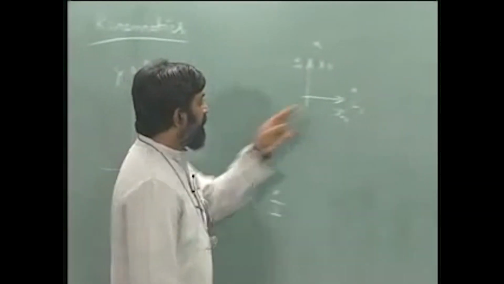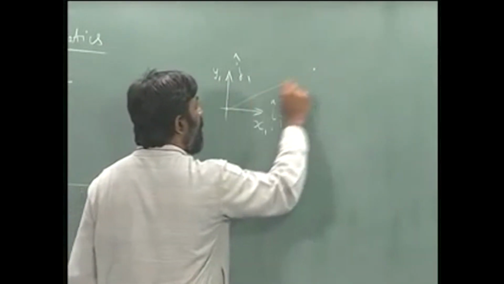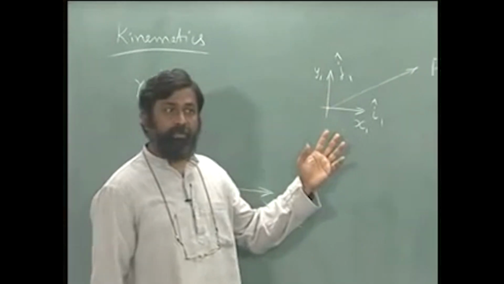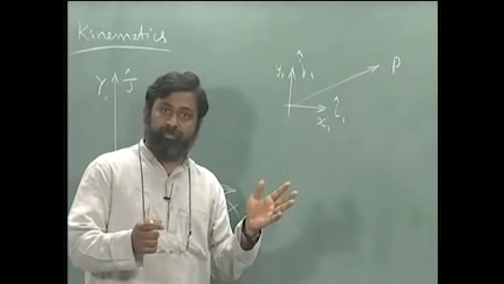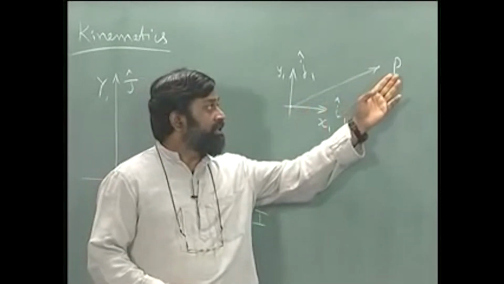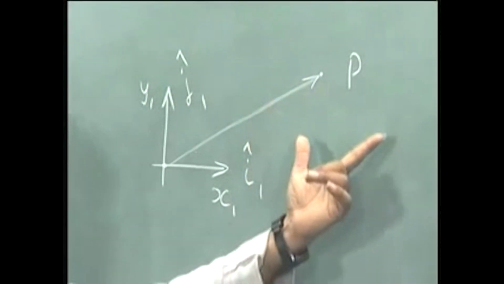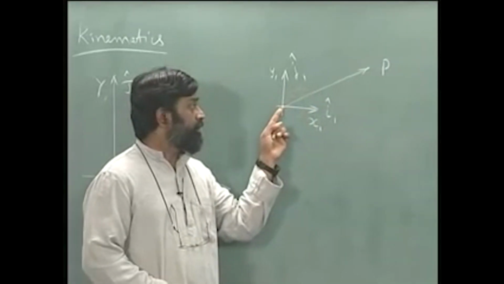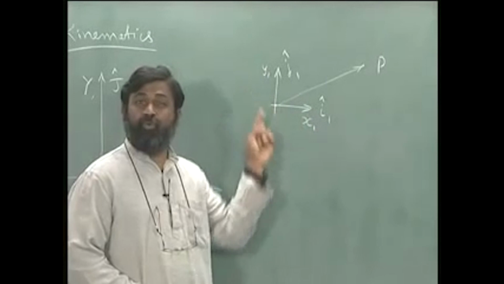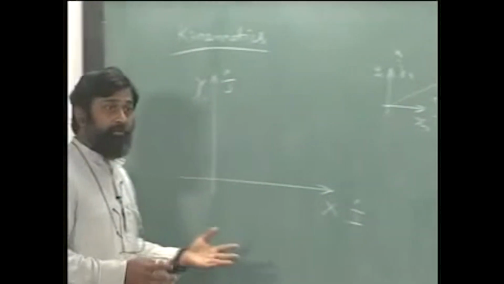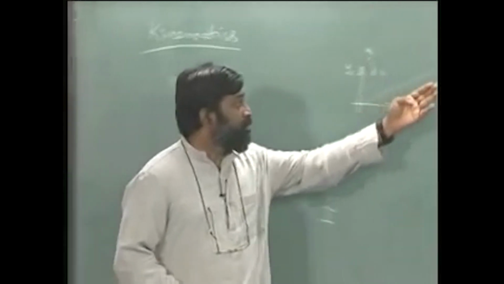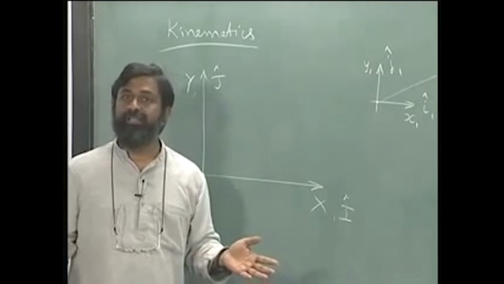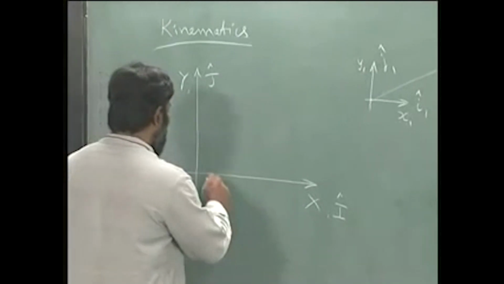For example, if there is some particular body or particle, let us say P, defined with respect to the moving frame of reference, and with respect to this moving frame I see that there is some change happening to P, but what I know is how it is changing with respect to this moving frame of reference. If I have to find out what this movement of P is with respect to the fixed frame of reference, I have to do the transformations that we did in the last module.